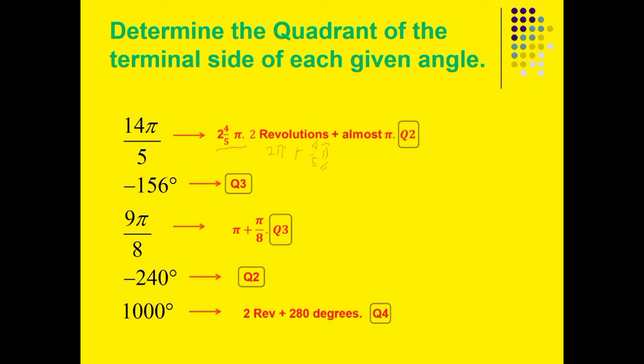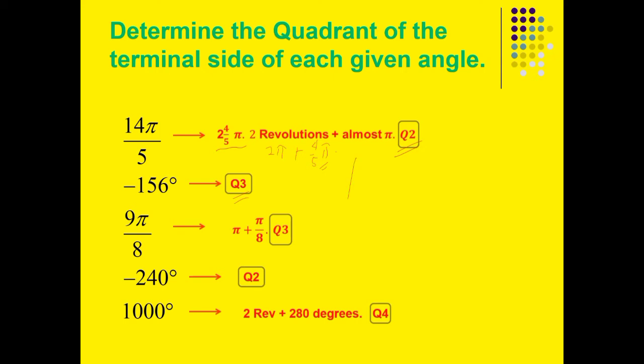So 4 over 5 pi is between 1/2 pi and pi, so therefore it is equivalent to quadrant 2, whereas this negative 156 degrees belongs to quadrant 3.